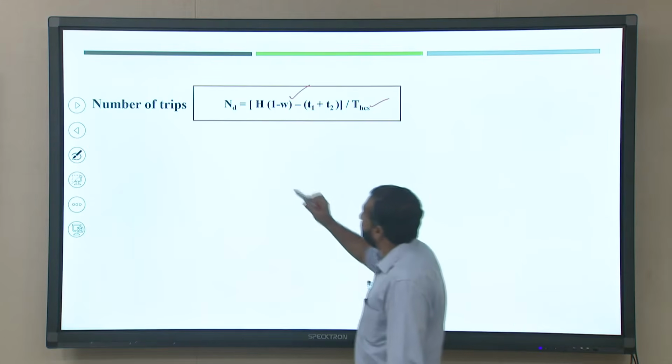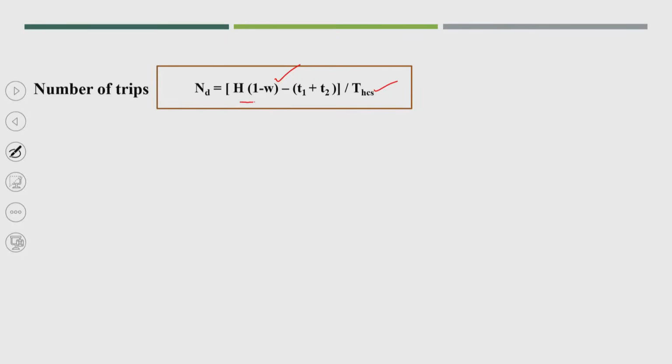Now, here you see the time available in a day we calculated by minimizing the off route time, that is HW.